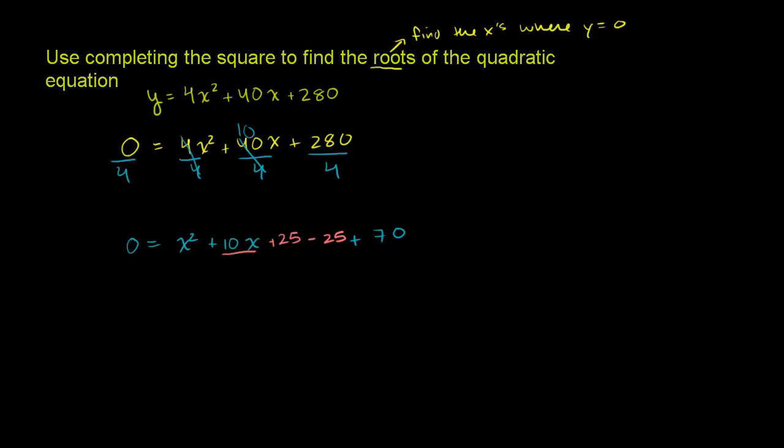But what I have done is I've made it possible to express these three terms as a perfect square. That right there, 2 times 5 is 10. 5 squared is 25. So that is x plus 5 squared. And if you don't believe me, multiply it out. You're going to have x squared plus 5x, which will give you 10x, plus 5 squared, which is 25.